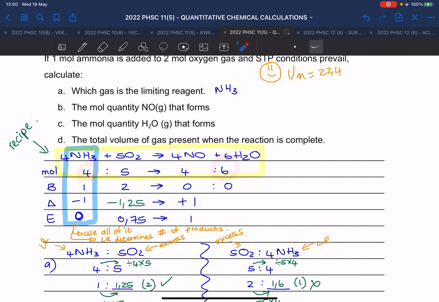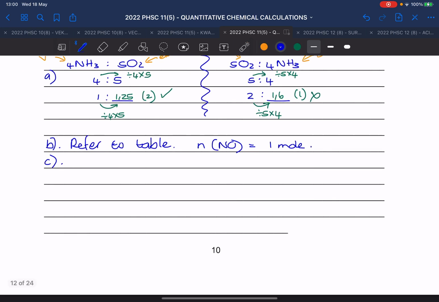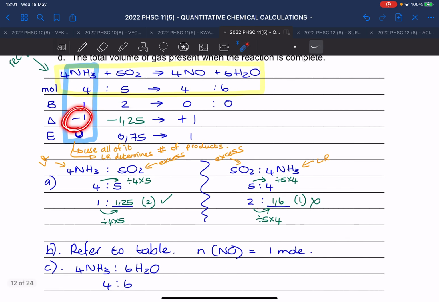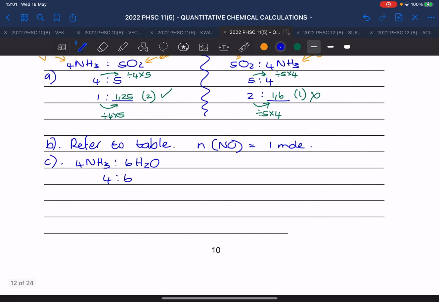So I'm going to do it slowly with you. So we have 4 ammonia versus 6 waters. So it's 4 to 6. But I didn't use 4. I used 1. So I'm going to write down 1. And I want to know how much will form.